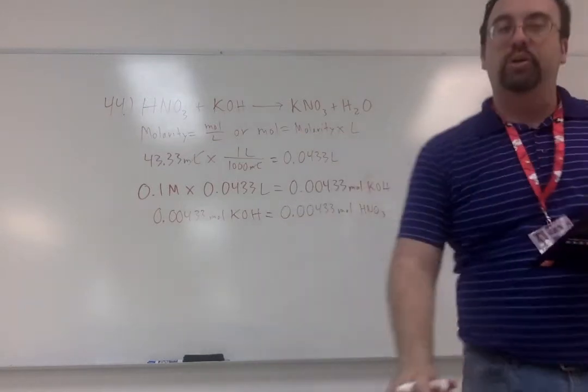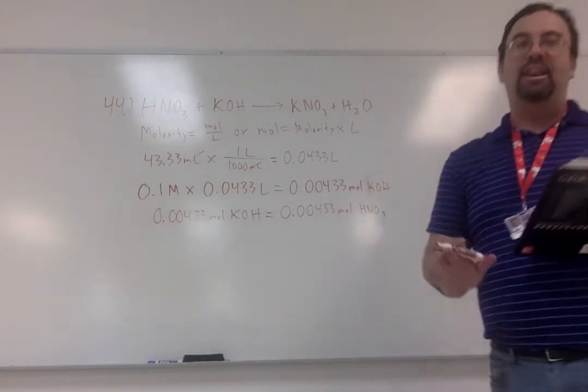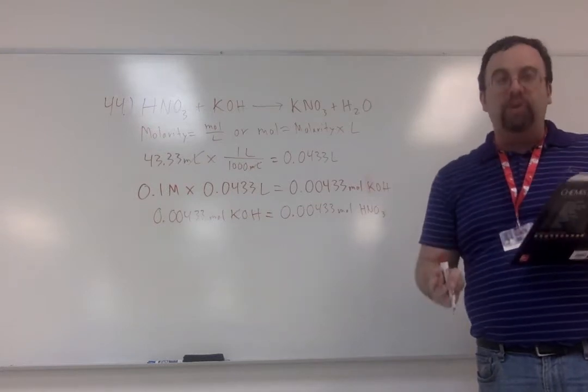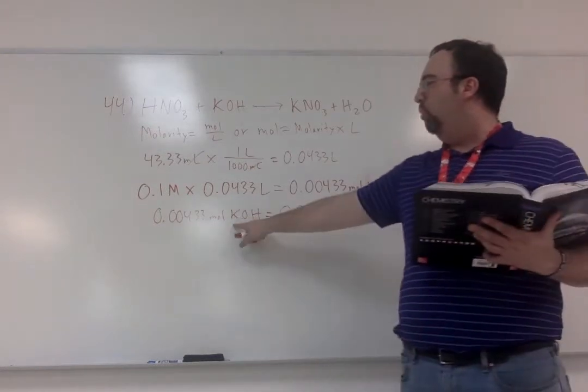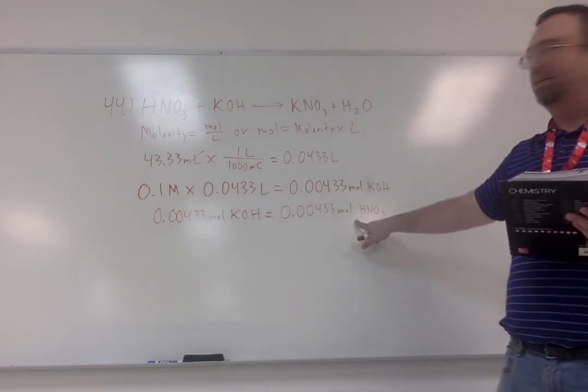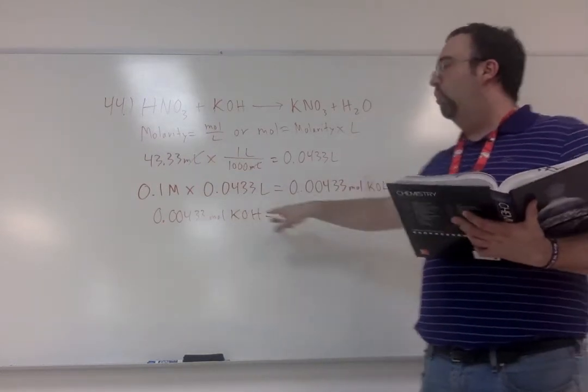This is because we have reached what's referred to as the equivalence point, where the moles of the acid are equal to the moles of the base. Notice that these mole values are the same.